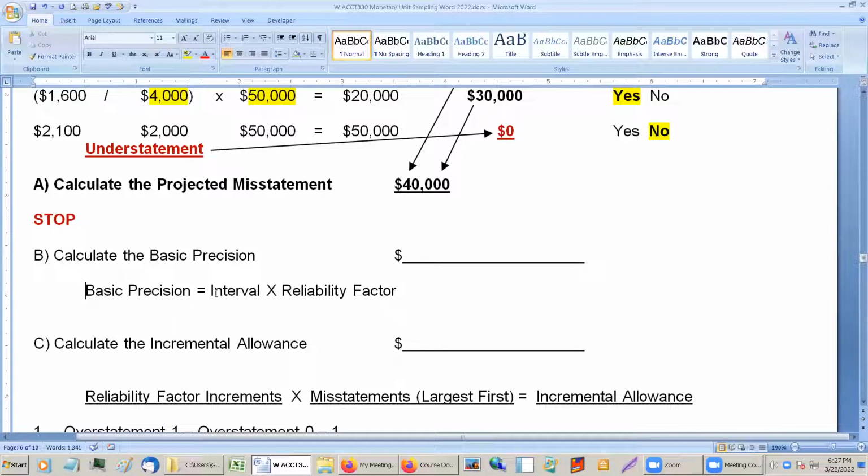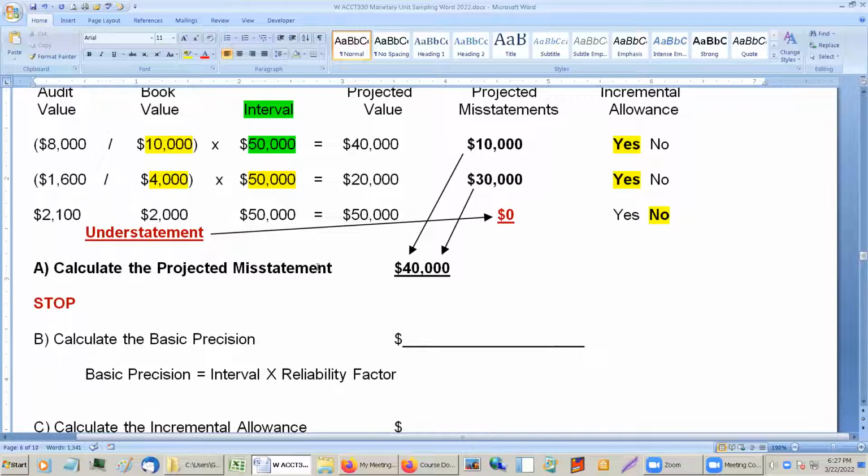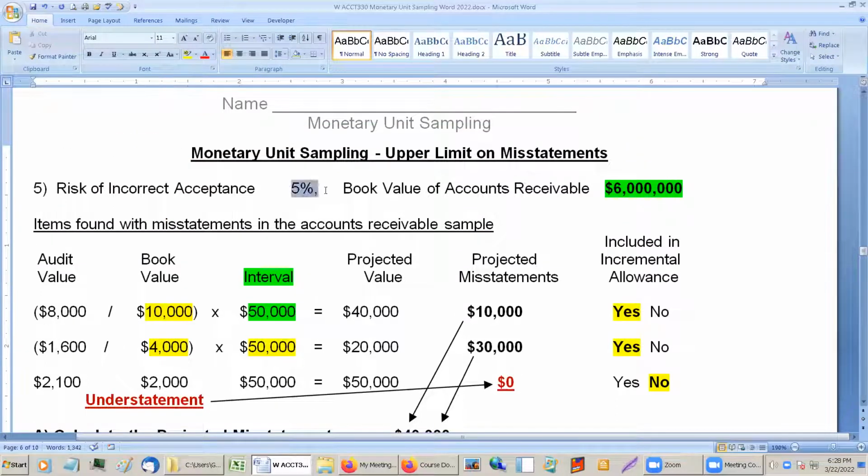Okay, basic precision equals the interval times reliability factor. Okay, what's the interval? $50,000. Yep. So 50,000 is the interval, times the reliability factor. And the reliability factor, let's see, this is at 5%.